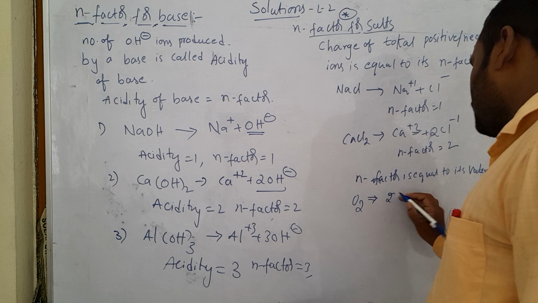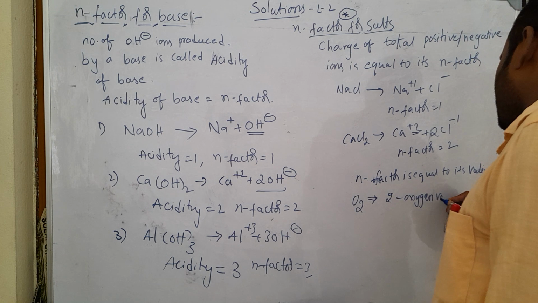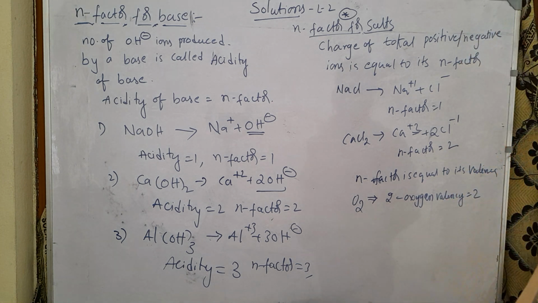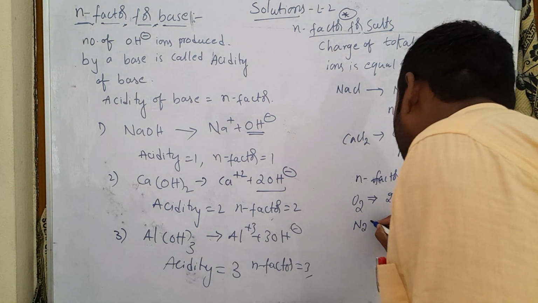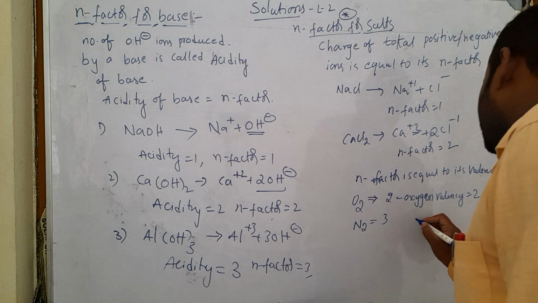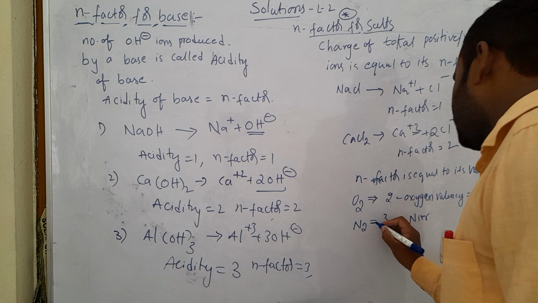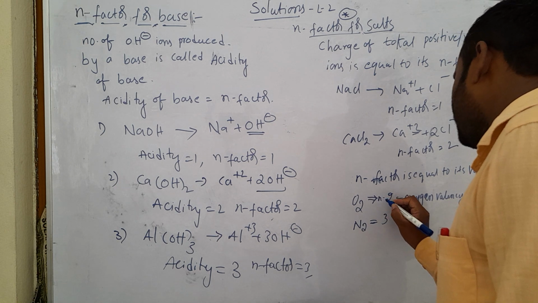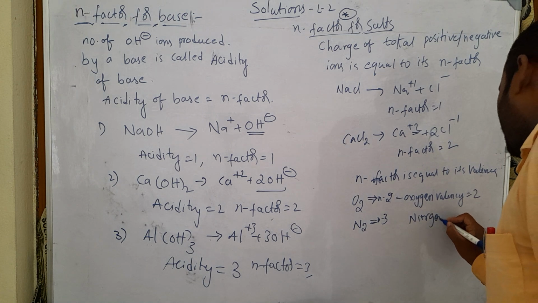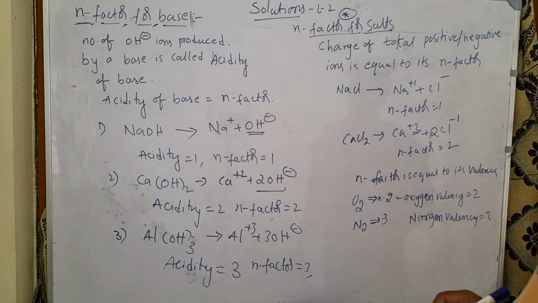Because the valency of oxygen is 2. Next, N2. What is the valency of nitrogen? That is 3. So for nitrogen the N factor is 3, because nitrogen valency is equal to 3.